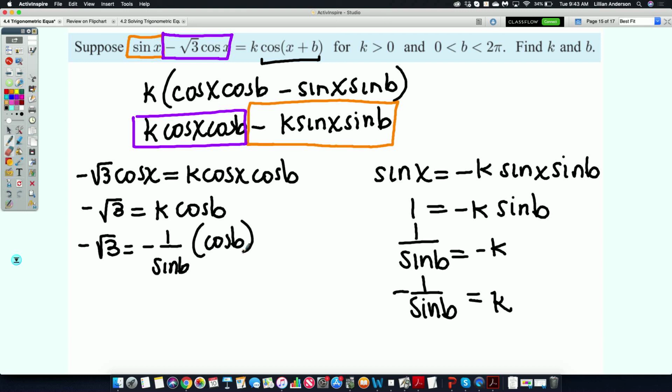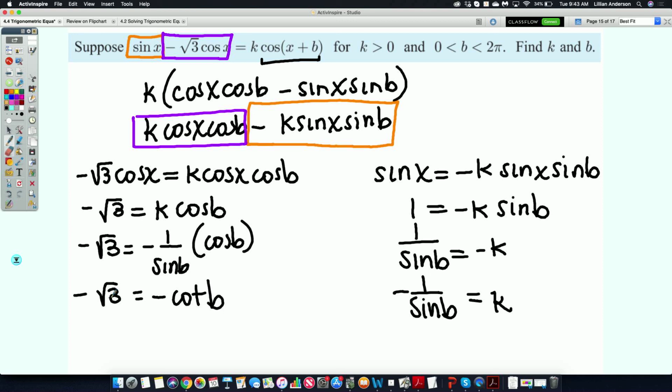What does that become? It does become cotangent, because that becomes cosine b over sine b, which is cotangent b, but it's going to be a negative. So negative cotangent b equals a negative root 3.